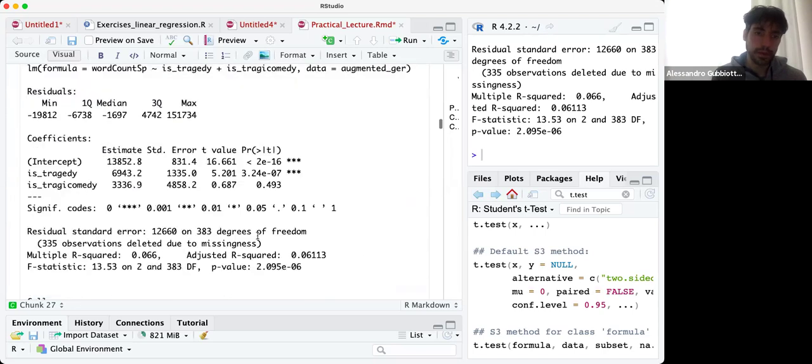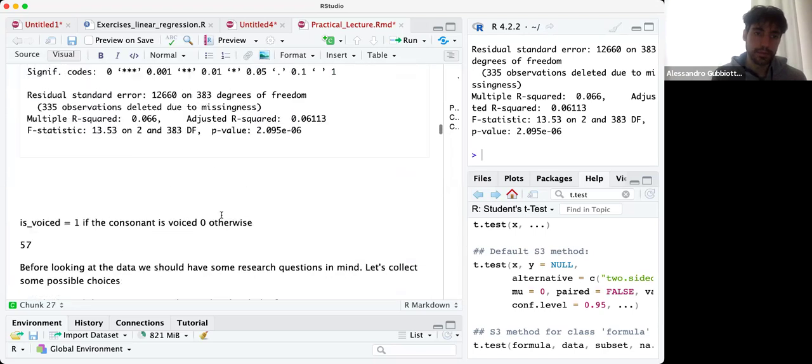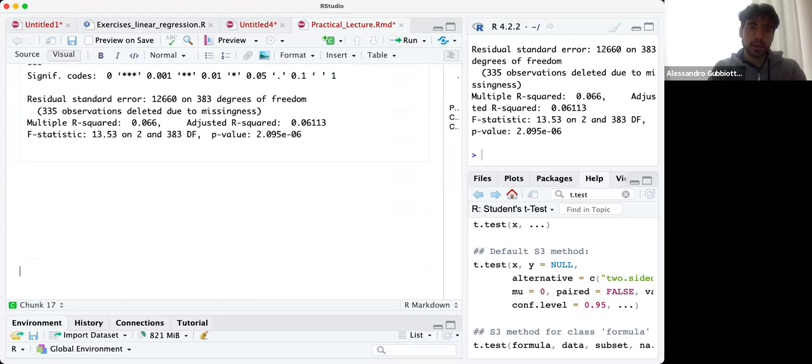So, if the slope is significantly different from zero, the y variable depends on the x variable.